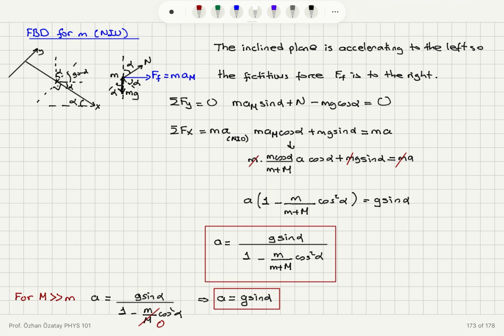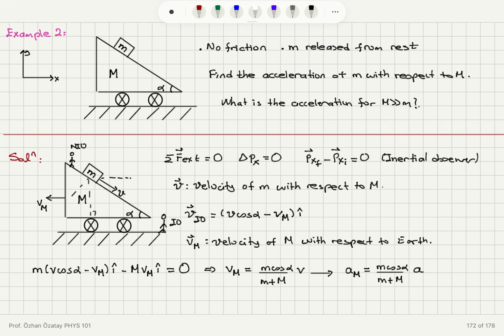Okay, so just to summarize what we have done here, in this problem, again, we have no friction, m released from rest from the top of a wedge making an angle alpha with the horizontal, with mass capital M on wheels, and there is no friction at the bottom surface as well.